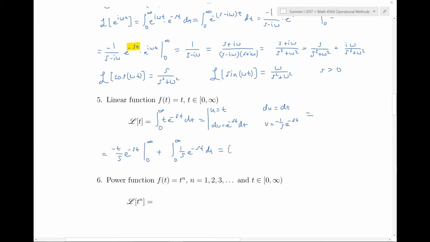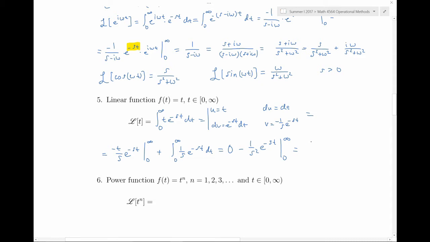So this equals 0 minus 1 over s squared e to the minus st evaluated from 0 to infinity. For positive s, when t goes to infinity, the exponential function will converge to 0. So the only thing that matters here is the value of this function at 0.